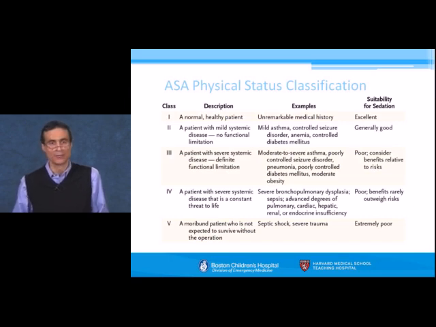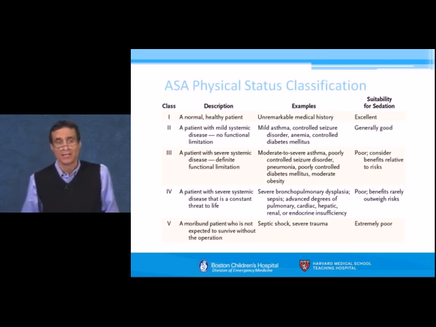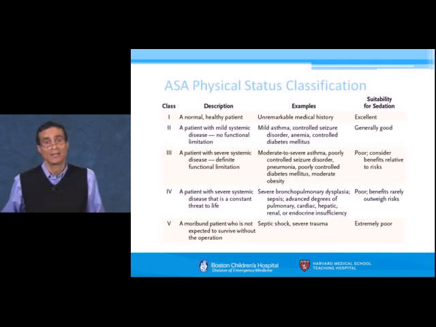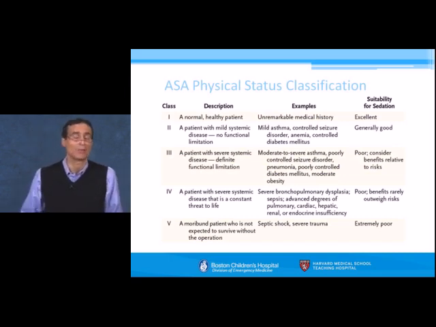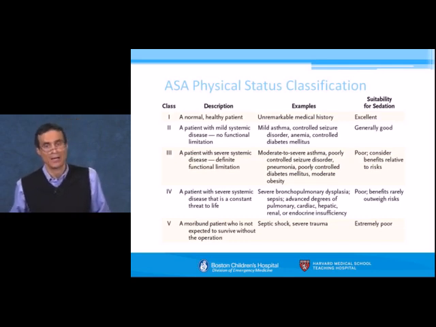Clearly, ASA Class 4 and 5 are absolutely not candidates for procedural sedation. ASA Class 3, in certain circumstances, are candidates for procedural sedation, but not in a normal course of events, and there really has to be a risk-benefit assessment done on each one of those individual patients who is ASA Class 3.